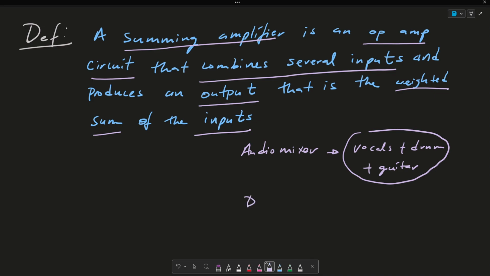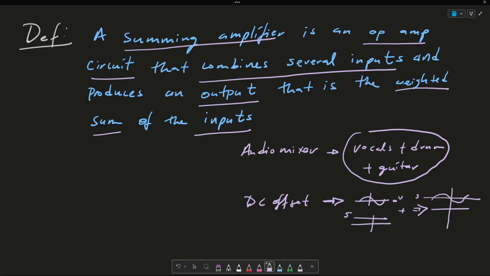Another use case is the DC offset. Similar to, let's say, you have an AC source at 0 volts and you have a DC source at 5 volts. You can add these two up and we will essentially get an AC source at 5 volts.